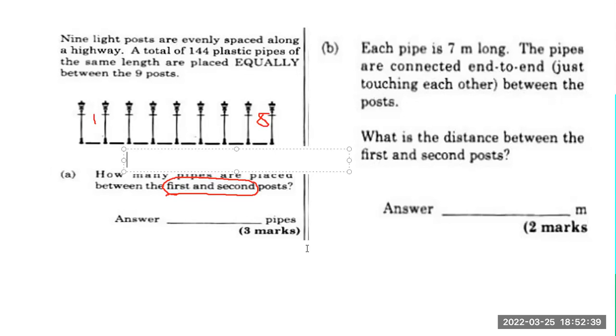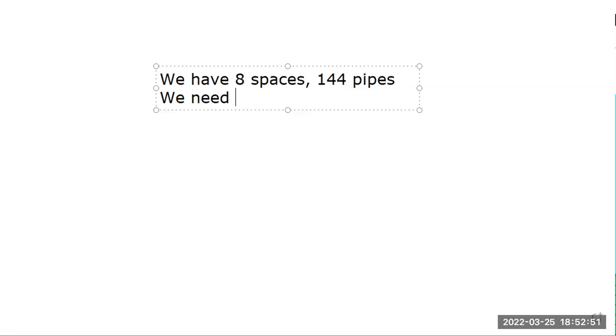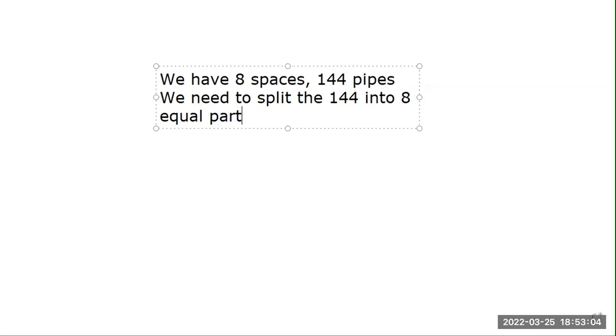So we have 8 spaces and 144 pipes, so we need to split the 144 into 8 equal parts, because remember, the pipes are evenly split. So how can we do this? What do we need to do? We need to divide 144 into 8 equal parts.